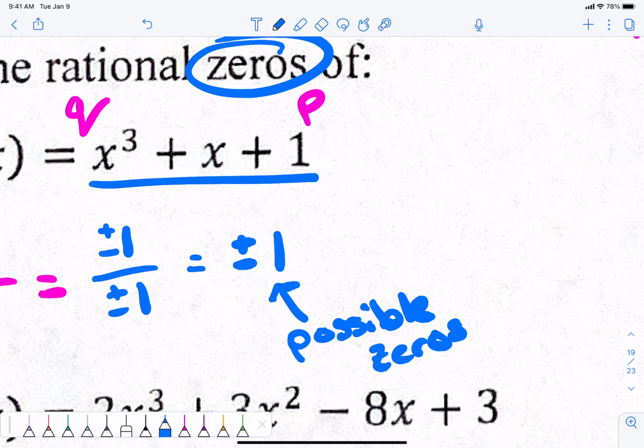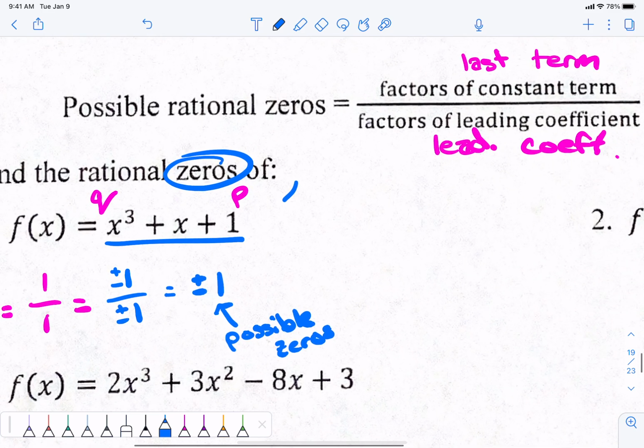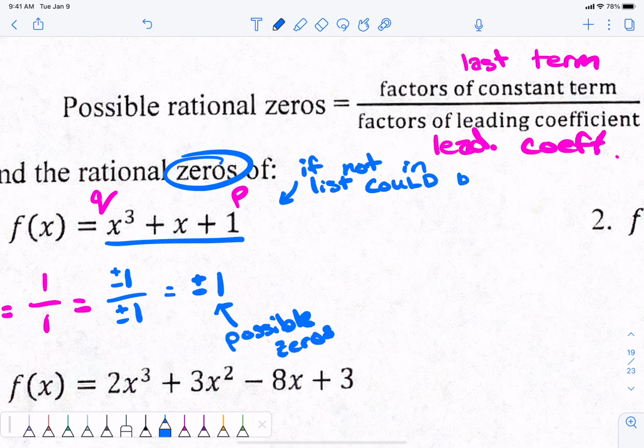Now, it could be a decimal, which is irrational, or it could be imaginary. So if it's not in the list, it could be a decimal or imaginary. But if it's a whole number and it's not in that list, there's no way it could be a zero, right?